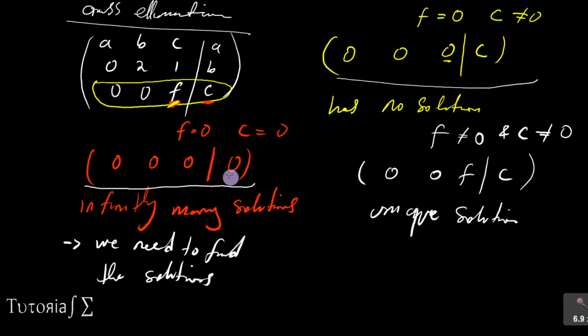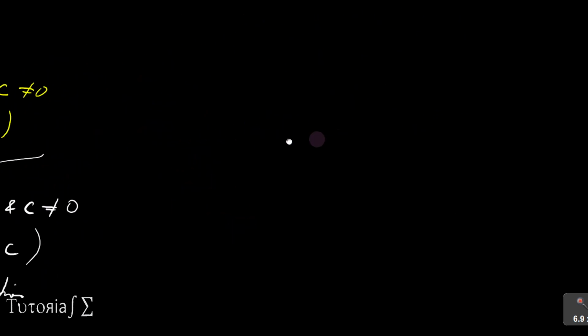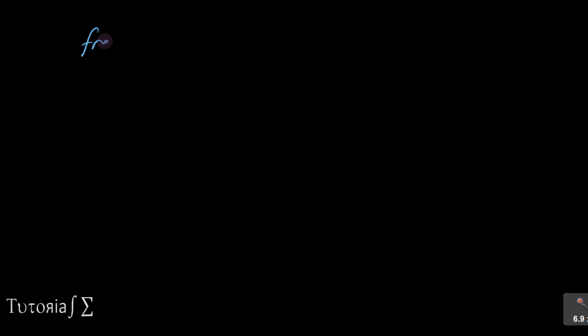Okay. Then now, even before I go to an example, I want us to understand the term free variables. This is a term that you'll come across, especially when your system has infinitely many solutions.